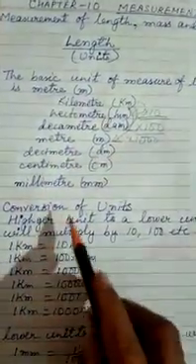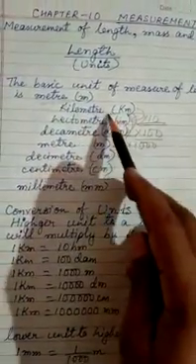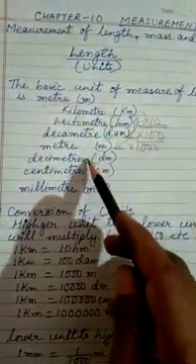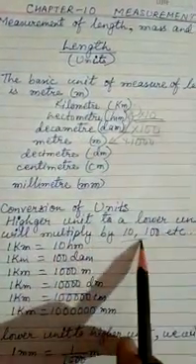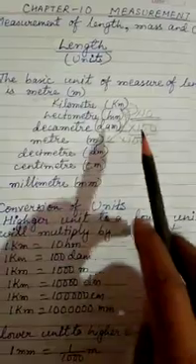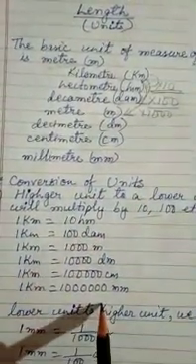So to convert from a higher to a lower unit, from kilometer to meter, kilometer to decimeter, kilometer to decameter, we have to multiply by 10, 100, 1000, 10,000 gradually and so on.